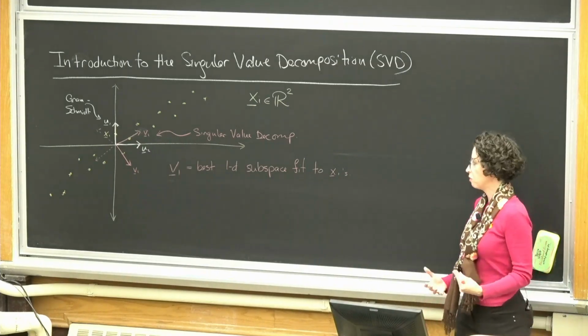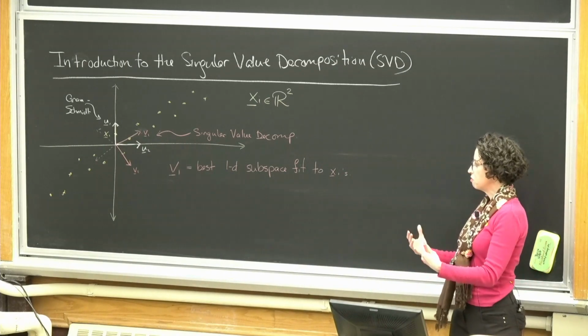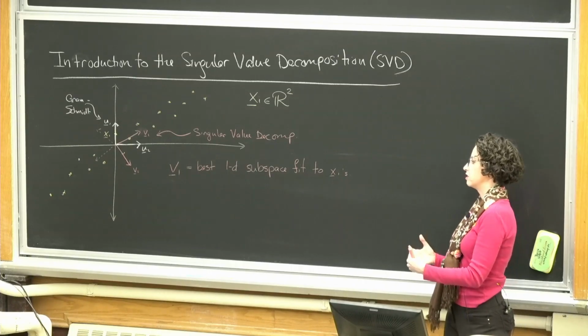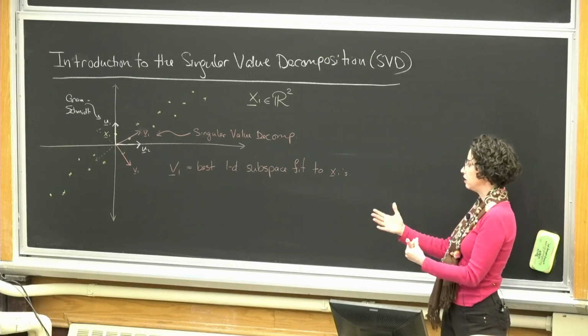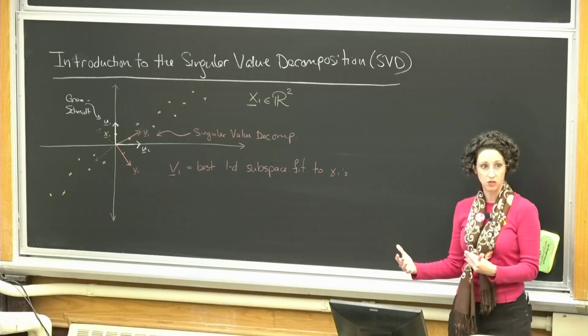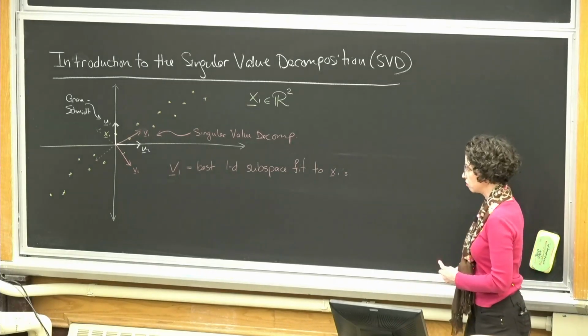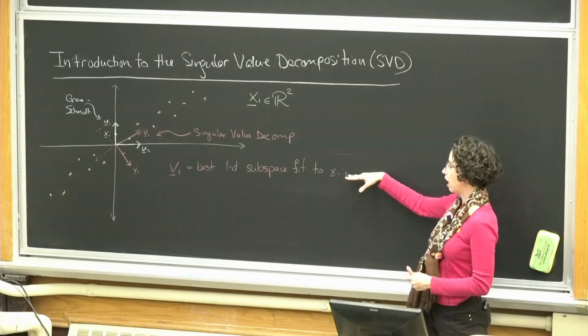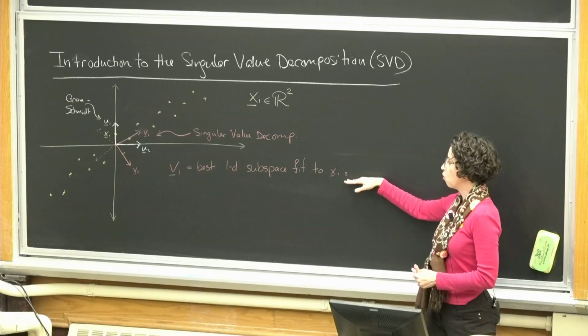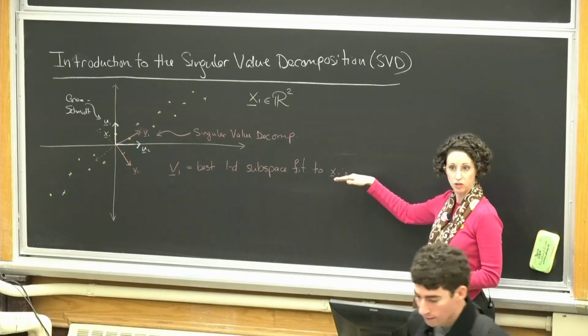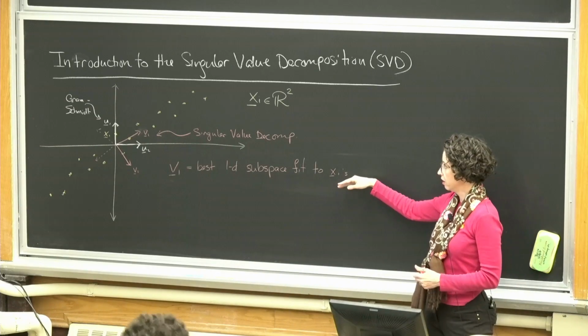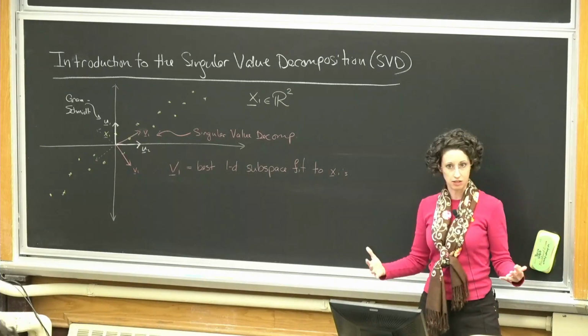And in general, we are going to continue to build upon this by finding a succession of 1D subspace fits to the data and different residuals. So understanding how we find this first 1D subspace fit, this first singular vector, is essential to understanding the entire SVD.